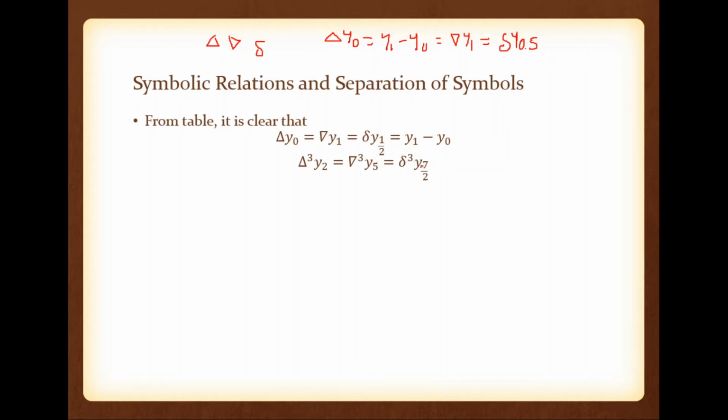If you are finding the central term from the backward term, replace del with theta. So theta cube. Now what we have to do? Subtract not 3 but 3 by 2 from 5. What is 3 by 2? 1.5. So what is 5 minus 1.5? 3.5. Okay.